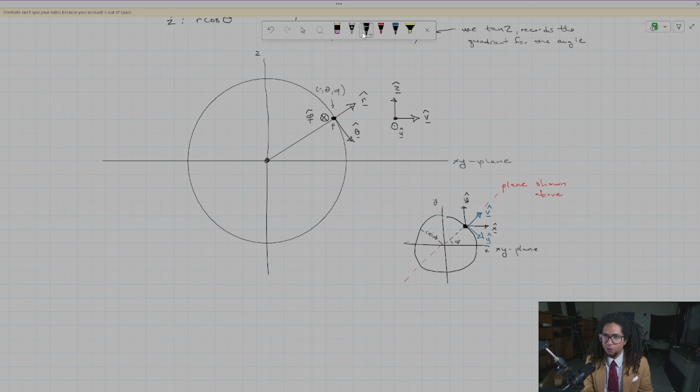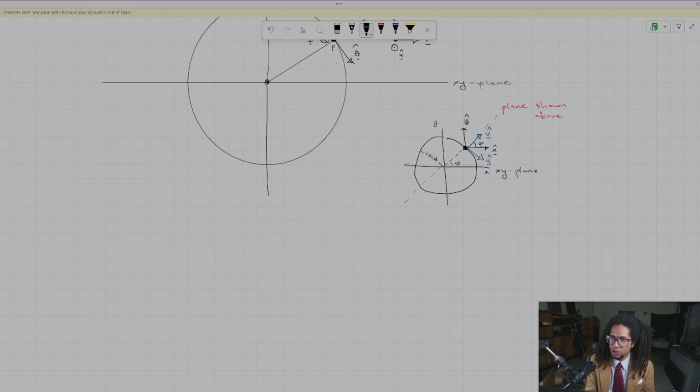Okay, so as a first step, let's get the relationship between the u hat vector and the v hat vector by noting that this angle in here is also phi. Good. Okay, so what do we have? Well, v hat is a unit vector, so v hat decomposes into the x hat and y hat systems as v hat is equal to cos phi x hat plus sine phi y hat.